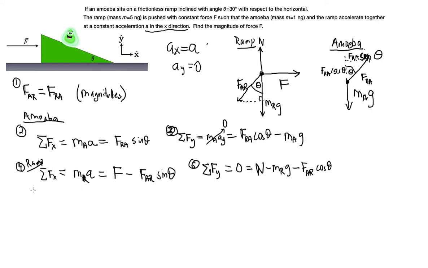So let us go ahead and solve equation 3 to get rid of my F_RA. So I can go ahead and say, well, this equation is going to give that F_RA is going to be equal to m_A g over the cosine of theta.